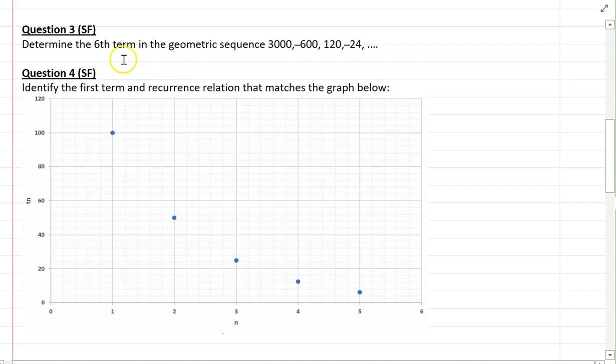You definitely need to generate some sort of rule to help you get to the 6th term, or perhaps you'd prefer to use recursion. And think about what values you need to identify. So what's your first initial value, T1, and what's your common ratio, or R value? All right, give it a crack and we'll see how your solution compares shortly.